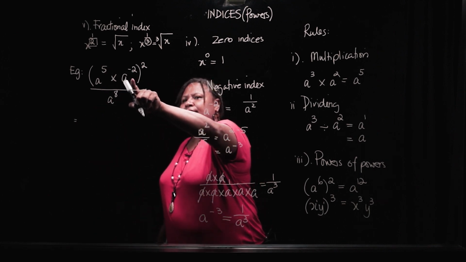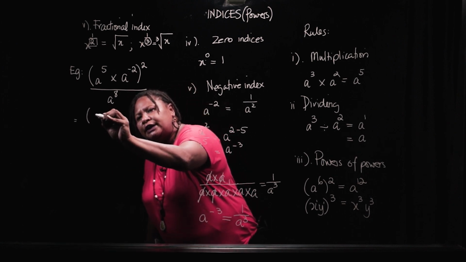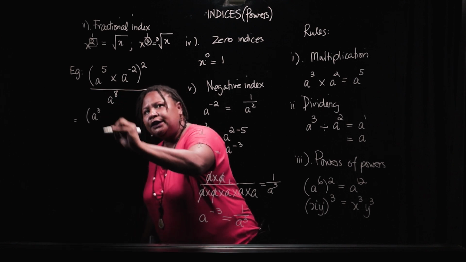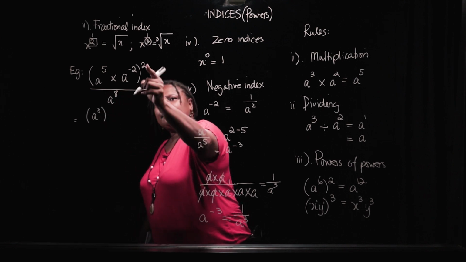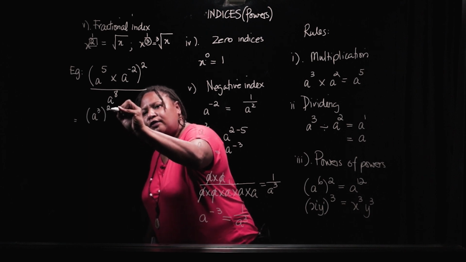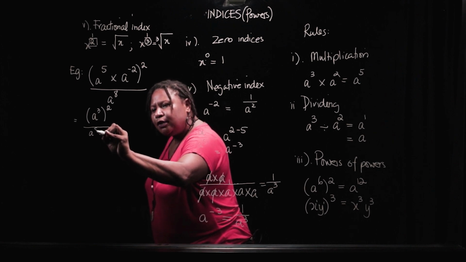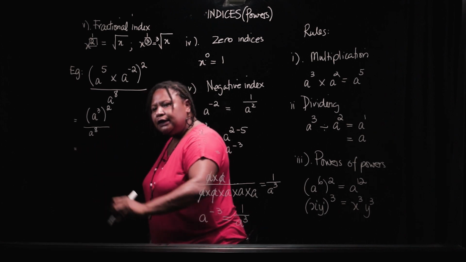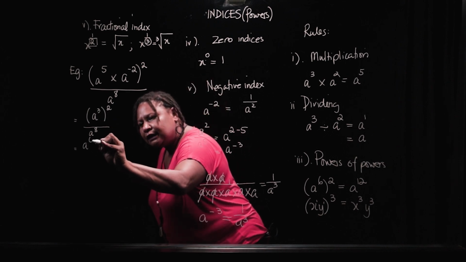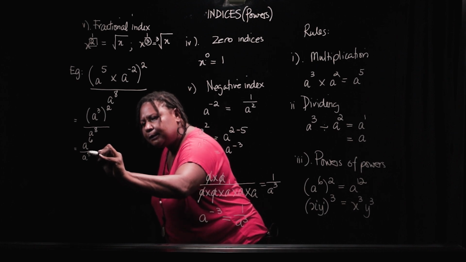A to the power of 5 multiplied by a to the power of negative 2 gives us a to the power of positive 3. Then raised to the power of 2, this becomes a to the power of 6, divided by a to the power of 8.